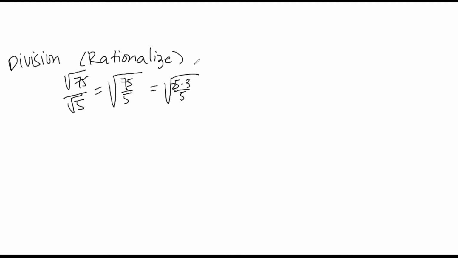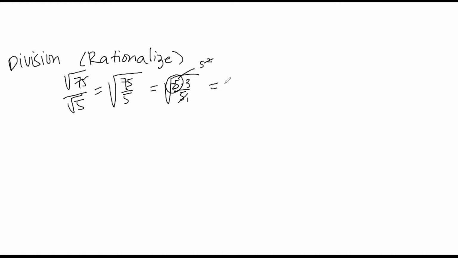And we know that 25 is 5 squared. So you have 5 squared divided by 5. So cancel this and it becomes 1. And 5 squared becomes 5.